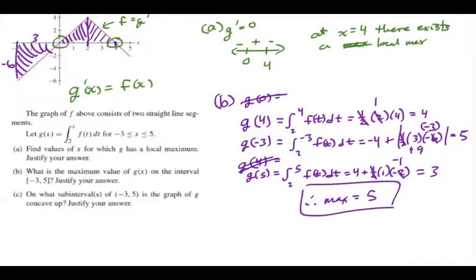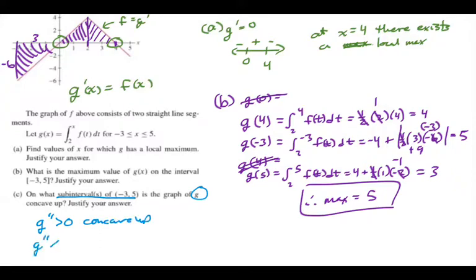Last but not least, our last question says, on what subintervals of -3 to 5 is the graph of G concave up? One way we know if G is concaving up or down is to know what G prime is. If G double prime is greater than 0, then we're concaving up.